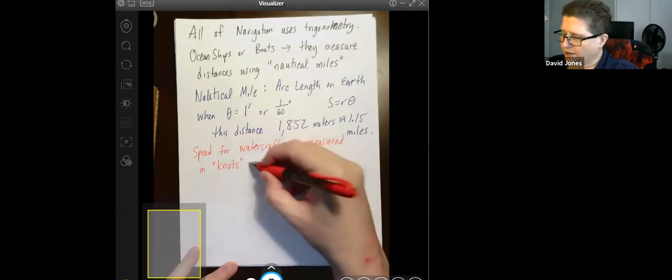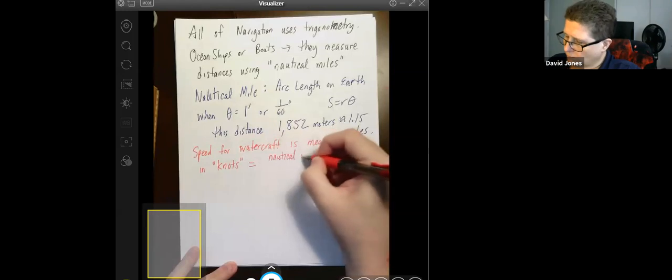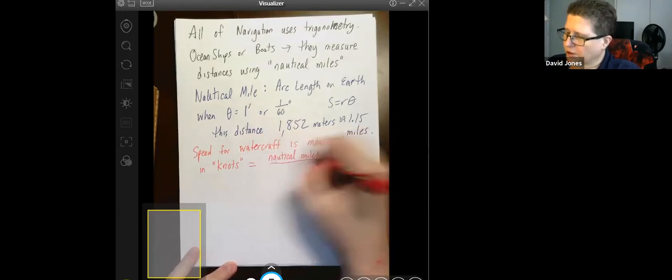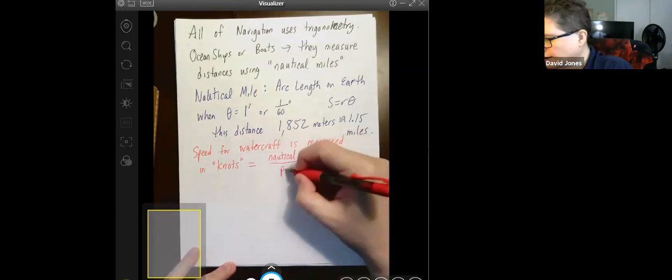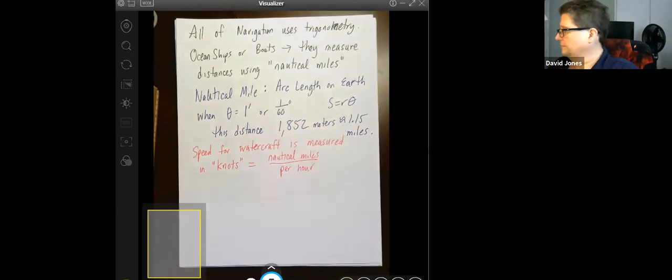And knots are nautical miles per hour. So it's similar to what we know as miles per hour. That's how it's done. That's just info for you, to fill out your ocean knowledge.